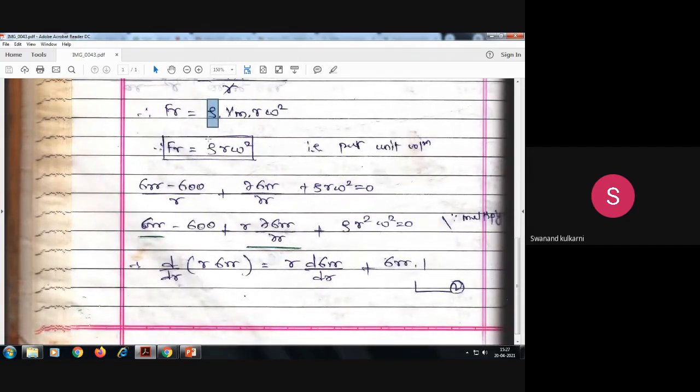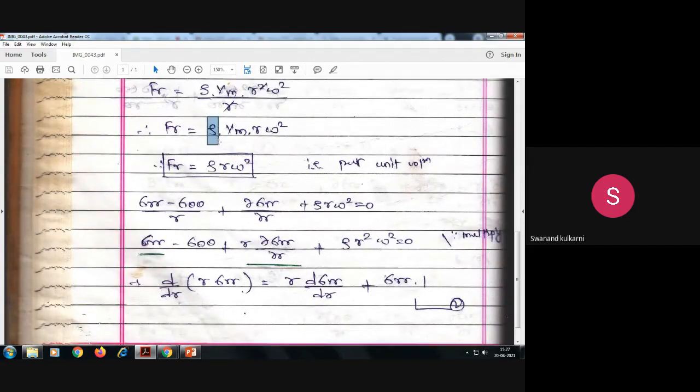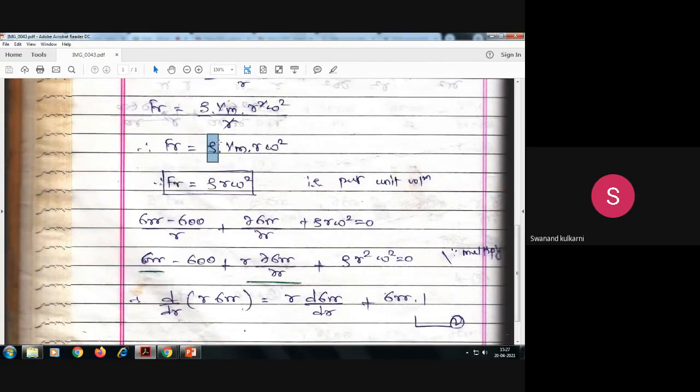Now if we put it for unit volume, the radial force per unit volume, like this notation we are using, means this part will get divided by the volume. So the volume V_m term will get cancelled.